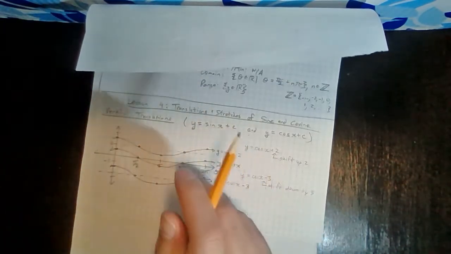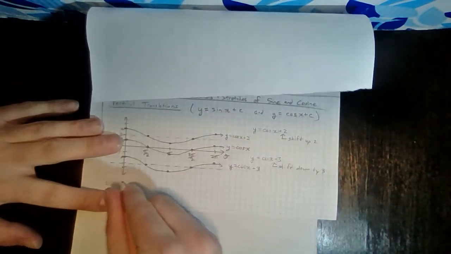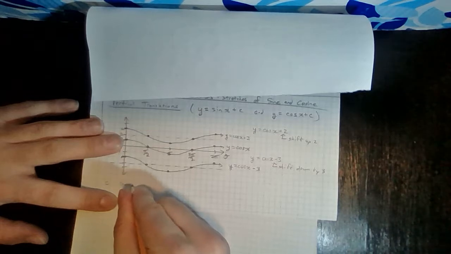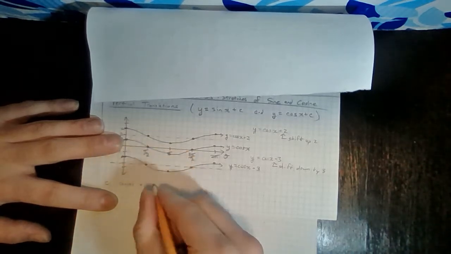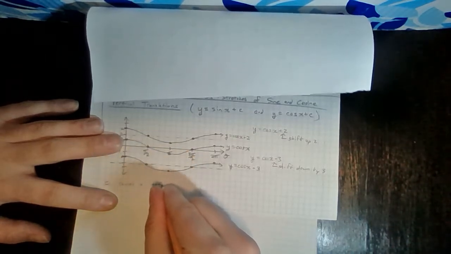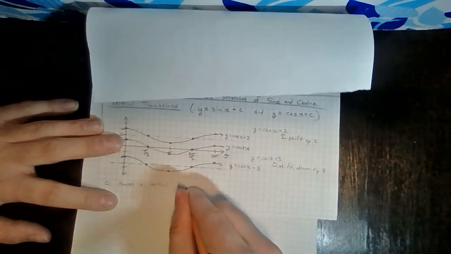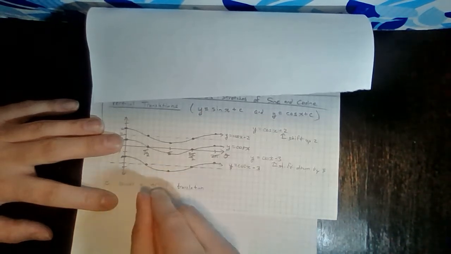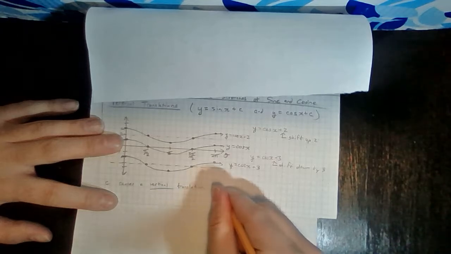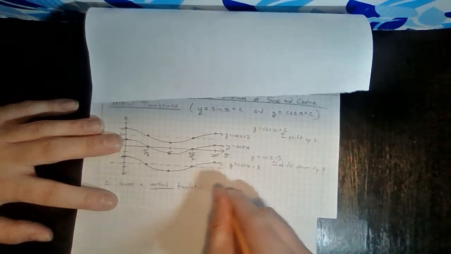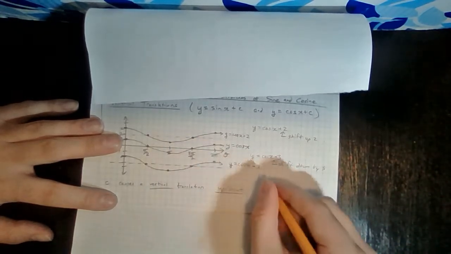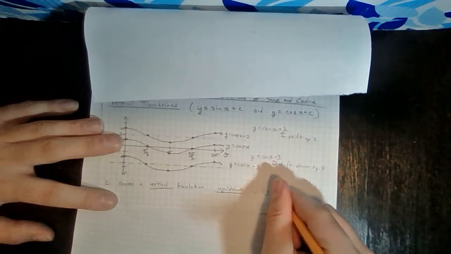So this c value that's showing up in our equation, c causes a vertical translation. Vertical, we're talking about up and down, by c units.